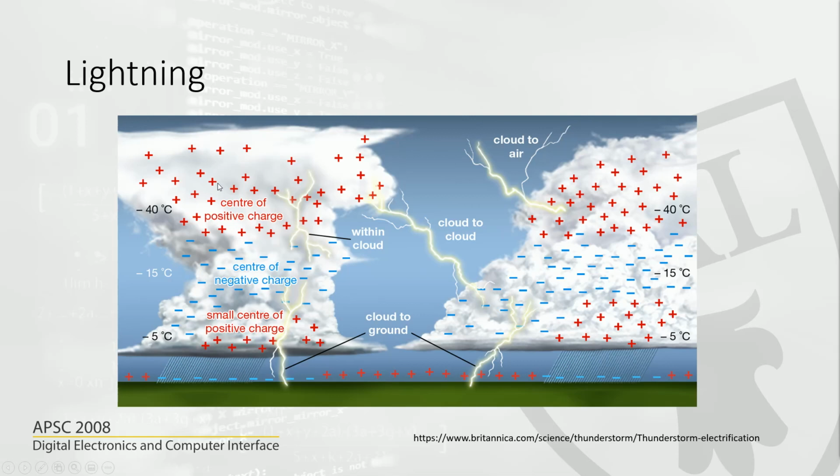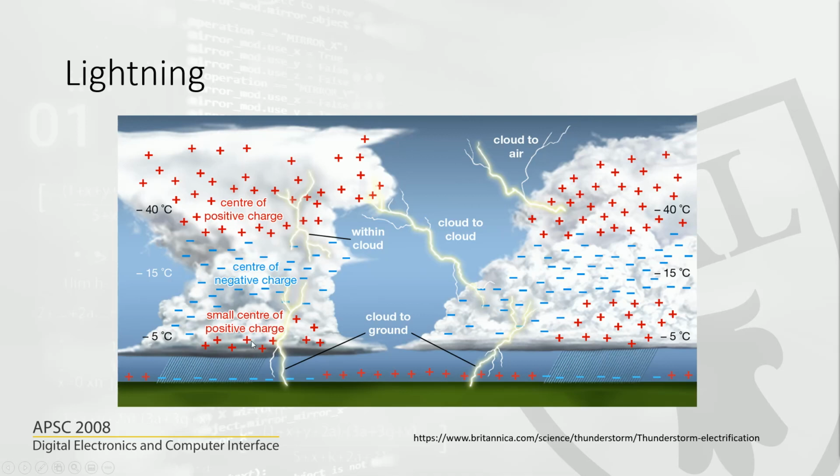So this change in temperature will cause the molecules, the water molecules and air molecules that are warmer, to move up, and the cold molecules to move down, and this will create an updraft and a downdraft.